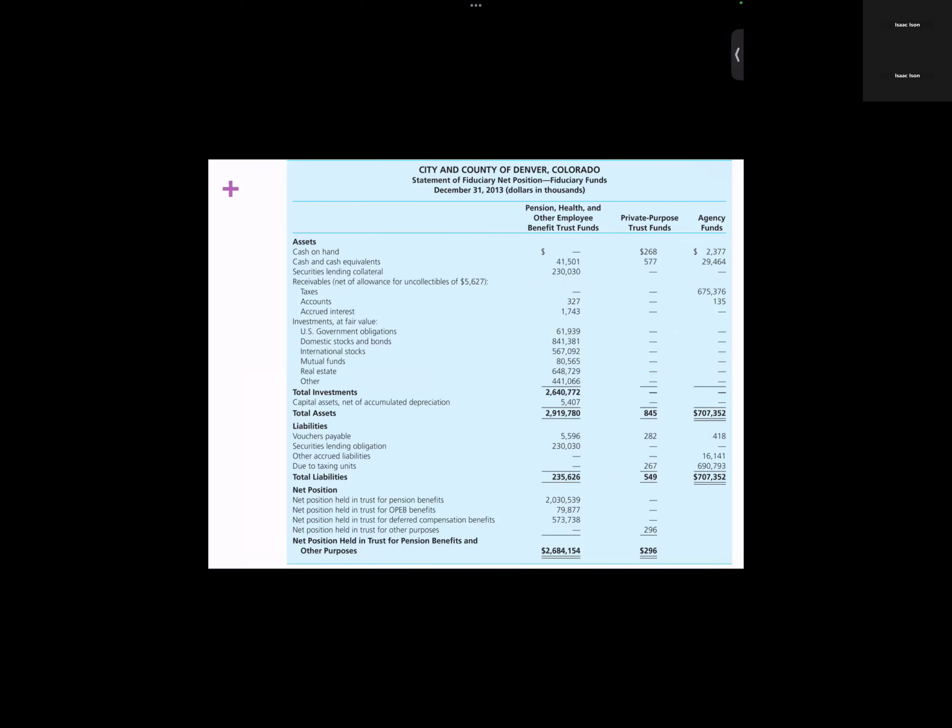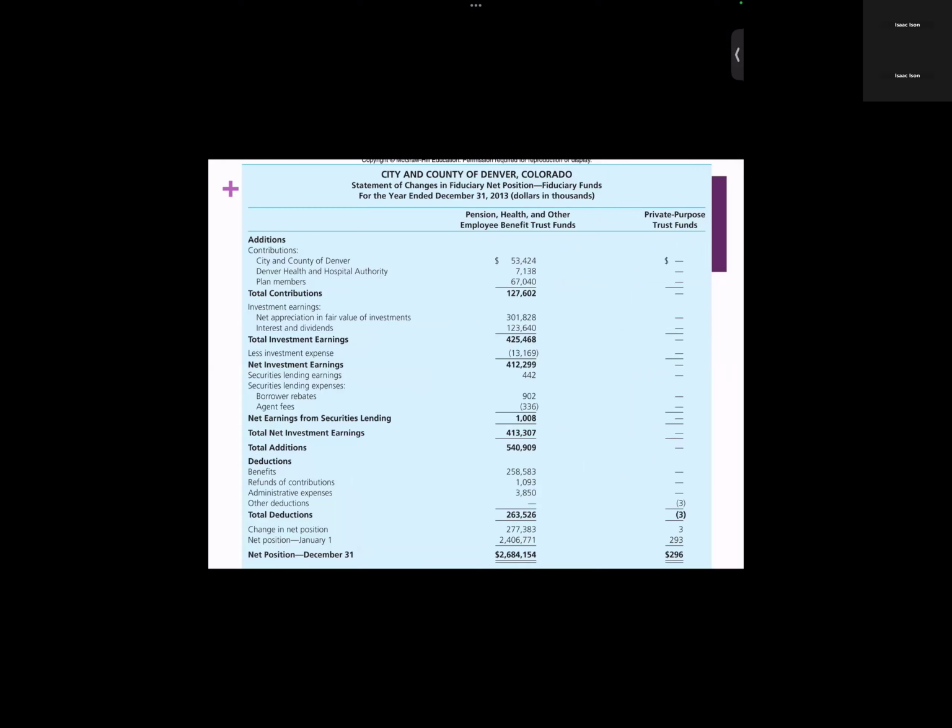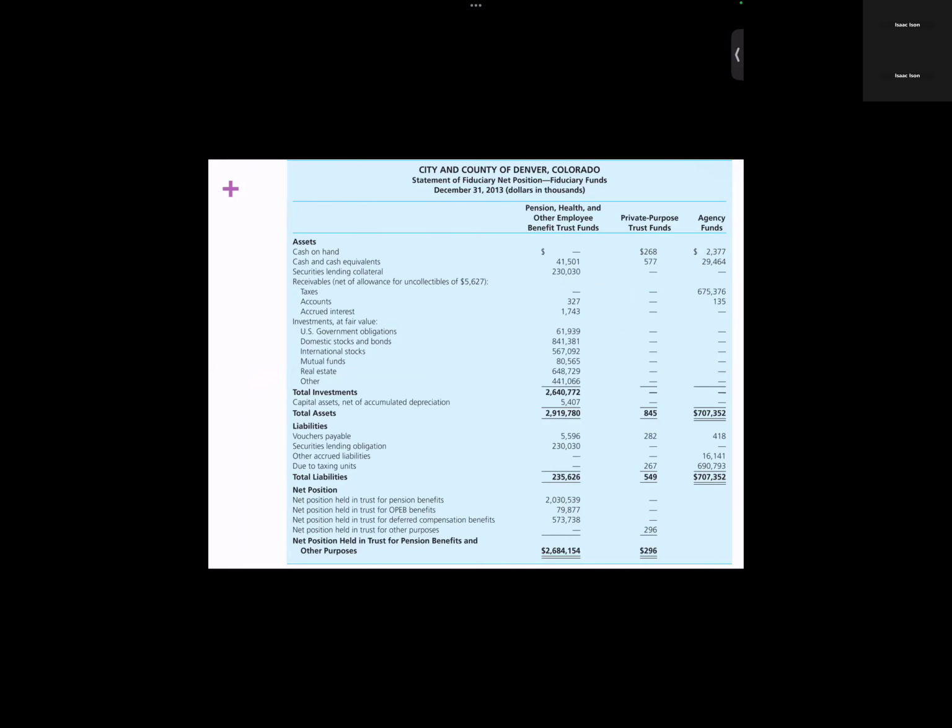And then we have our statement of fiduciary net position. It's for our fiduciary funds. You'll see almost all of this is related to pensions.